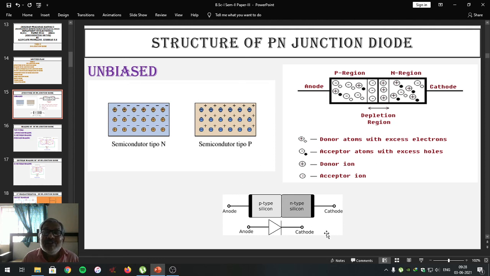And lastly, we have covered the symbol of the PN junction diode which is represented here. Dear students, that's all about the structure of the PN junction diode. Next time, we'll proceed to the biasing of the PN junction diode.